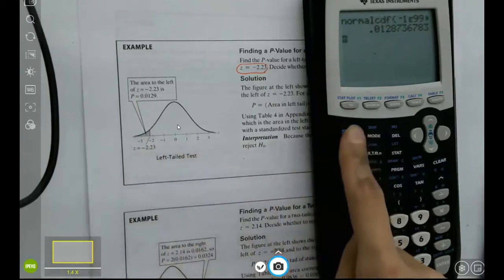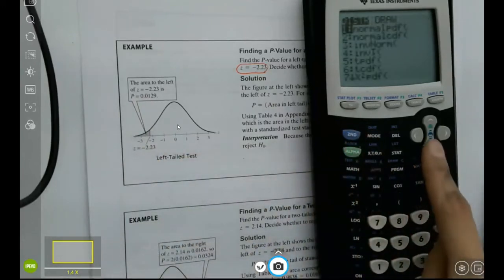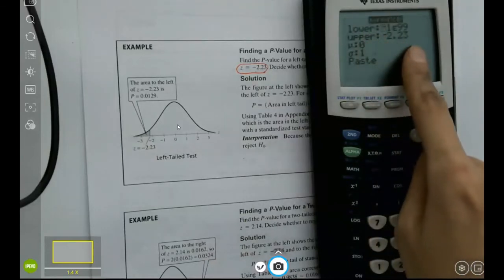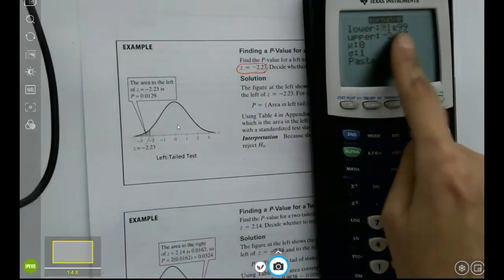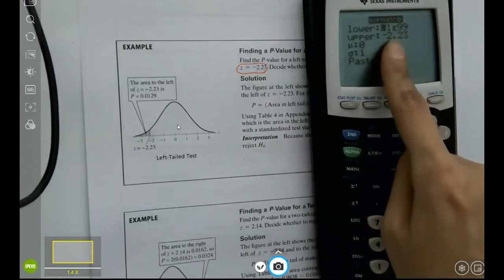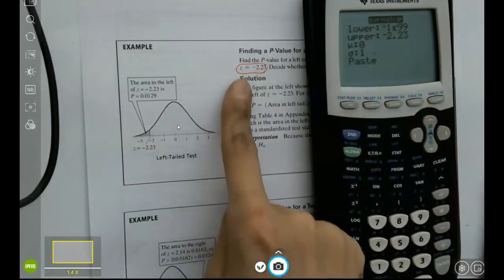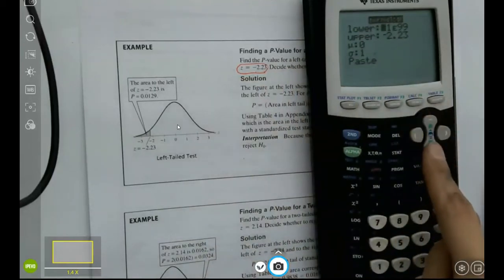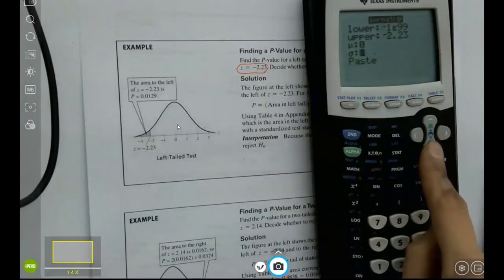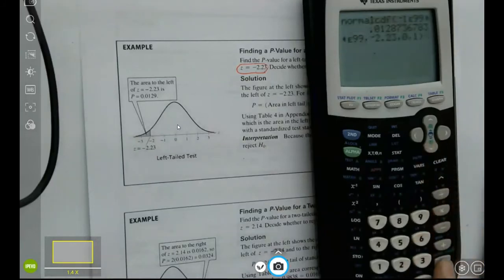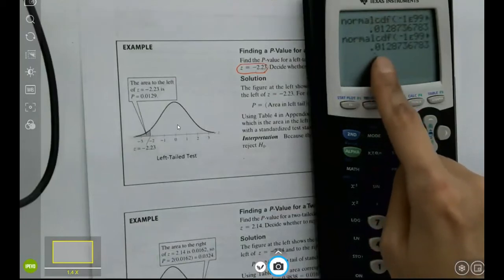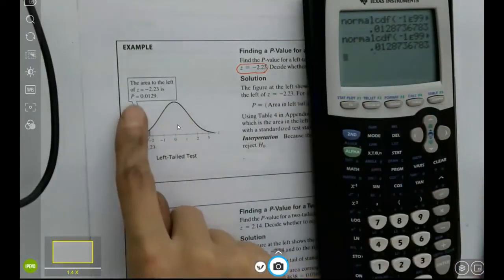So we go to second, vars, normal CDF, lower limit negative 100, a very small number on the left-hand side. Upper limit, you enter your z value, which is minus 2.23. Since it's a z value, mu must be 0 and sigma must be 1. Then we calculate and get the area on the left side, which is 0.0129. This is your p-value.